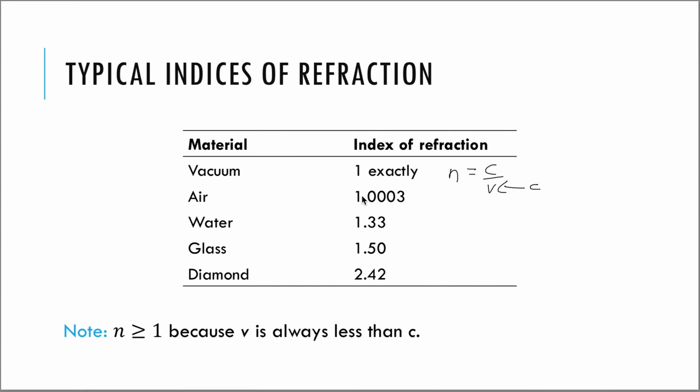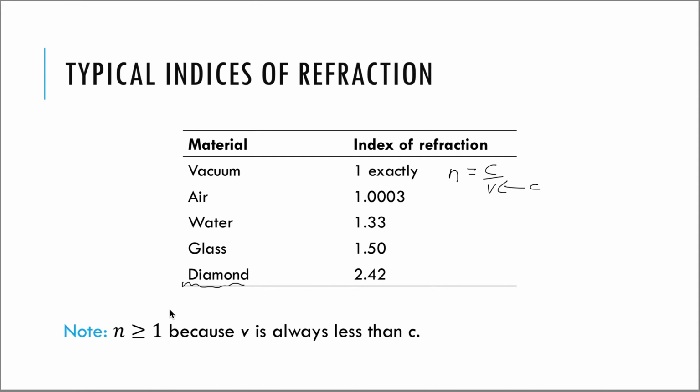We just approximate it and say that it's also equal to 1. And we're going to use the index of refraction of water and glass in different examples, so you can see that the index does get higher for these glass materials and even more dense materials such as diamond.